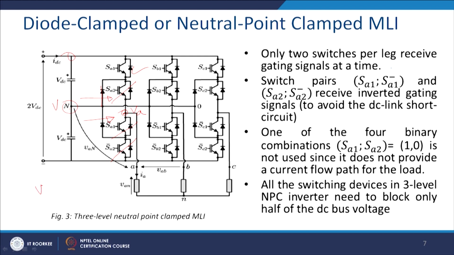If VA is greater than Vn, then what will happen? Ultimately this switch is on, and the current will go back like this.